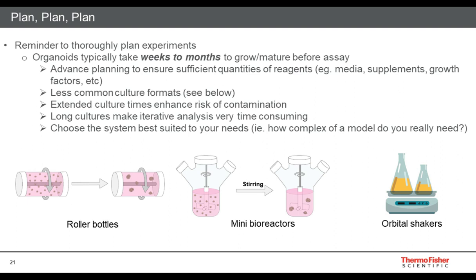This is done to help promote the maturation of different cell types, especially if you're talking about pluripotent stem cells. But the take-home really is that because these are really long protocols, it's really important to plan ahead to make sure you have everything you need to sustain your culture through the term of the experiment, so that you don't go, oh, I've been culturing for a month, I've got one more month to go, and you find out you're in between orders, and suddenly you might not have material for the next media change.